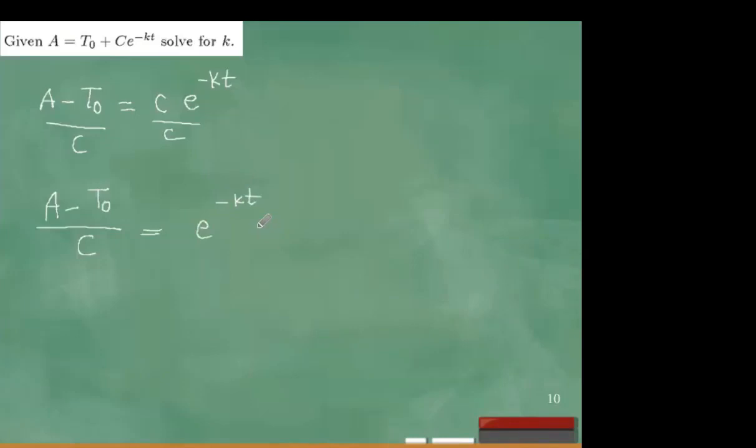Because the variable that you're solving for happens to be in the exponent, you need to take a natural log of both sides.